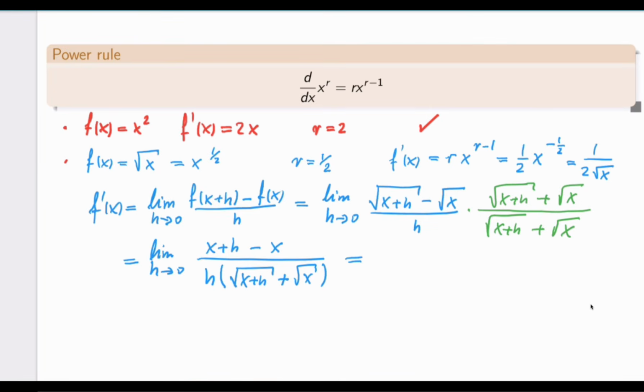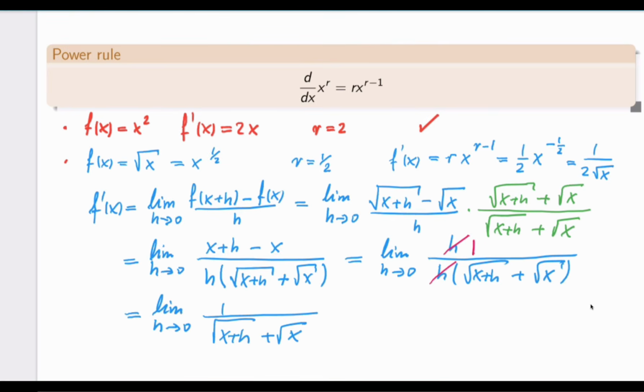But then the x terms cancel in the numerator. Limit h goes to 0, and we get h divided by h times root of x plus h plus root of x. And then the h's cancel, and we keep a 1 here. Then this is limit 1 divided by root of x plus h plus root of x.